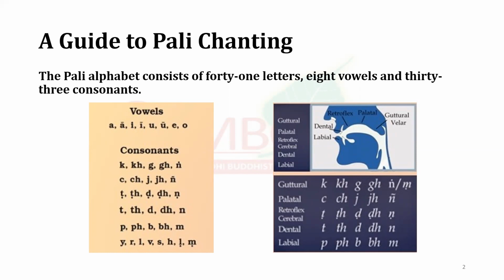Some people pronounce it Magga Fala. Although I choose to pronounce it Phala, if people pronounce it Fala, you know why: because there's no F, so they use PH to replace F.